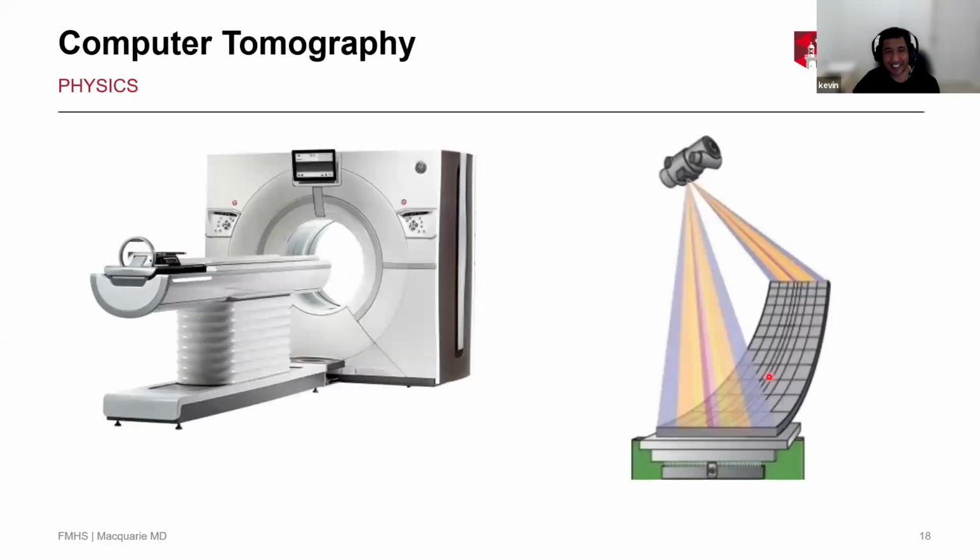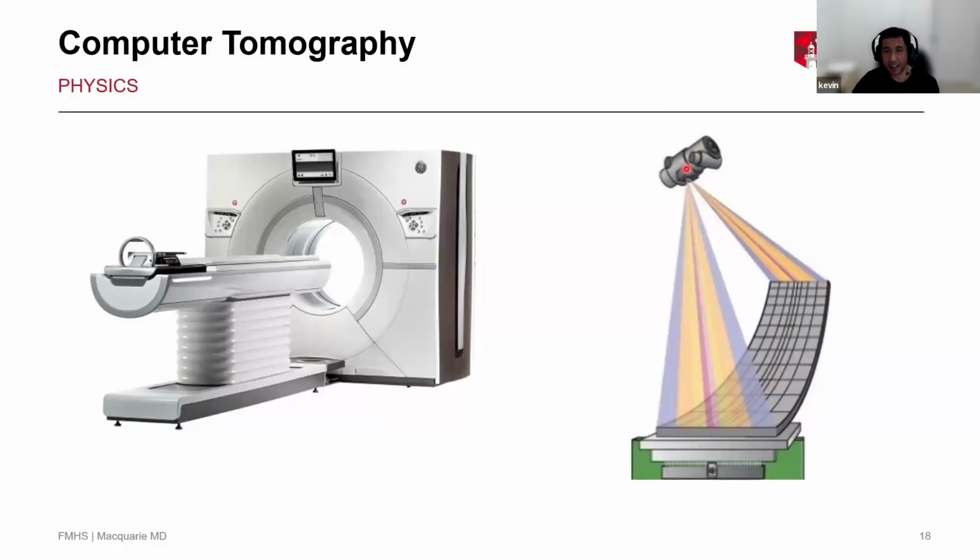Okay, so this is what a CT scanner looks like. Everyone's seen one. There's a table, and there's this contraption with a hole in the middle. What's happening in here is exactly the same configuration as your X-ray table. There's an X-ray source at the top, and there are detectors down the bottom.